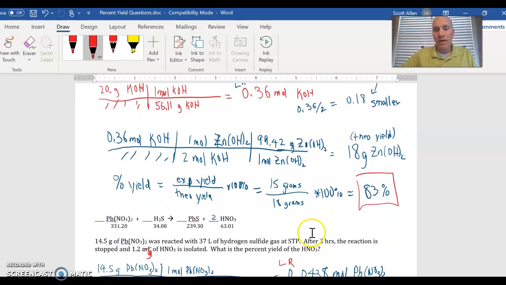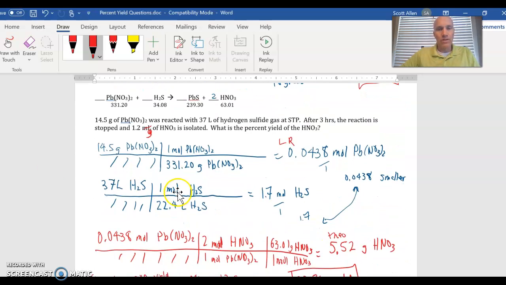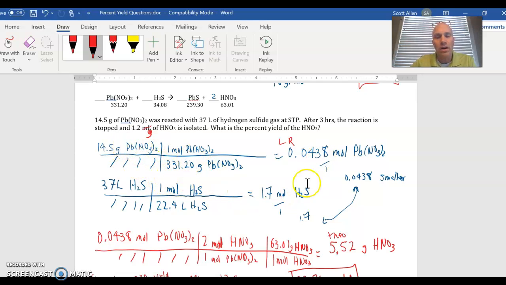All right, so the last one right here. The only change here is, let's change this from 1.2 milliliters to 1.2 grams. There is a way you can do this from milliliters, but we're going to keep it a little simpler here. So let's calculate our limiting reagent the same way that we have.